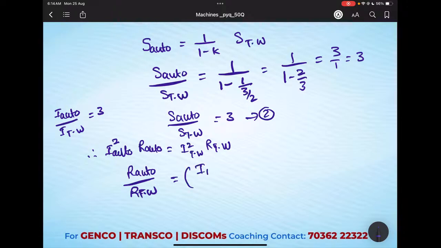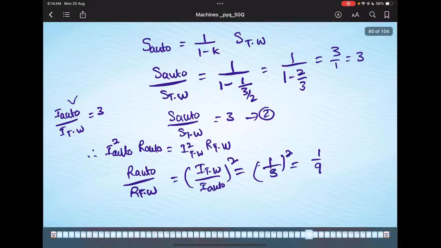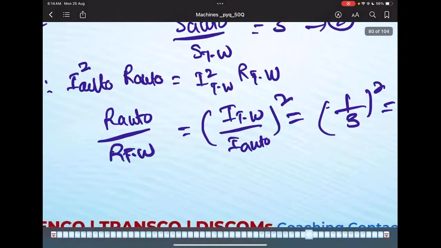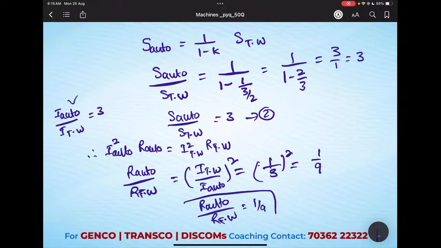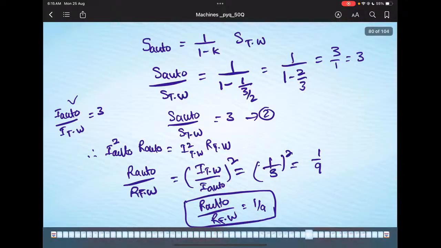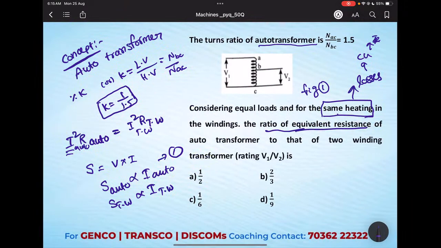It will be I TW divided by I auto, whole square. Here we already calculated I auto by I TW. How will it be? It will be 1 by 3 square, then it will come to 1 by 9. Okay, our answer is R auto divided by R two-winding equal to 1 by 9. Option is D.